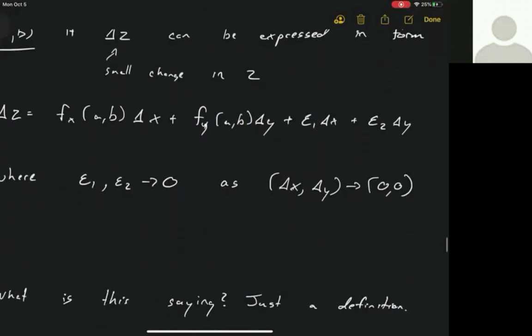So if you can write delta z as the partial derivative of f with respect to x times a small change in x, plus the partial with respect to y times a small change in y, plus these error terms, where the error terms are getting smaller and smaller as our changes in x and y go closer to 0. If all that is satisfied, then we say our function is differentiable.